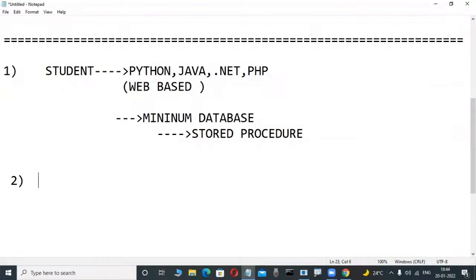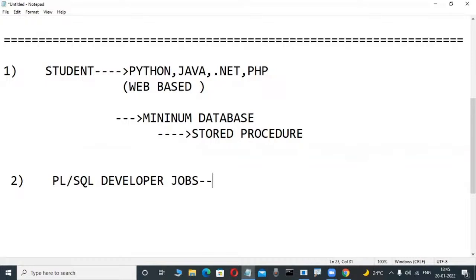Then those persons apply for PLSQL developer jobs, without any knowledge of Java, .NET, or front end. Maybe as non-technical persons they do not have very good programming skills, so PLSQL developer jobs are there. Maybe there is a two or three year gap.